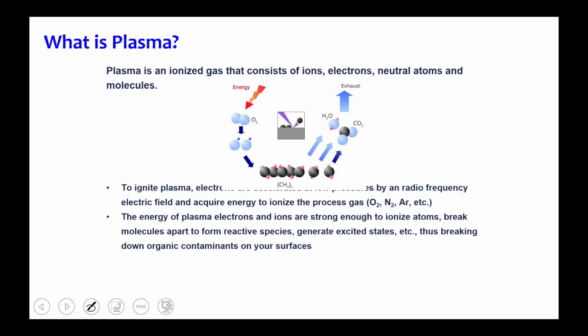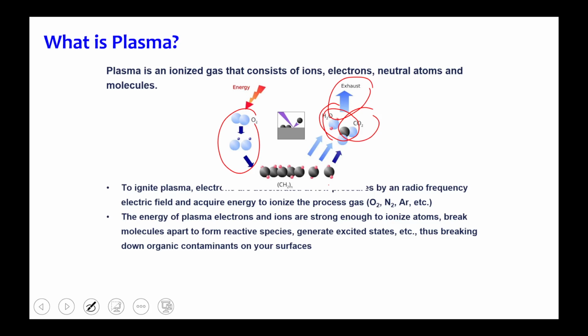Can you define plasma and what is its application? Plasma is an ionized gas consisting of ions, electrons, neutral atoms and molecules. We use oxygen as the plasma, and it makes H2O and H2O2 molecules, which will be exhausted. If some carbon is there, we will make CO2.